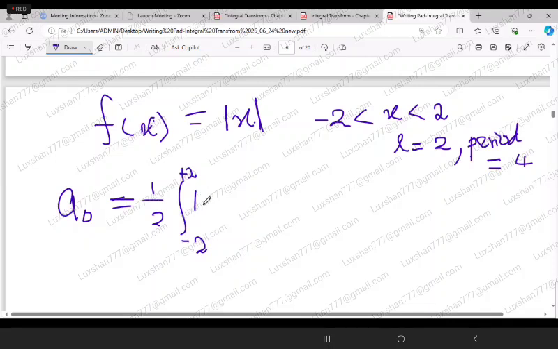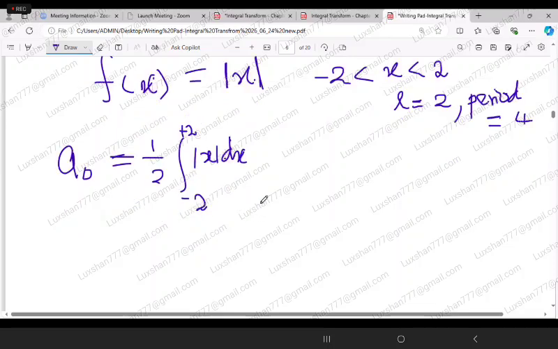Our function is mod x, into dx. So can anybody tell me the answer of this one? How to evaluate this one?